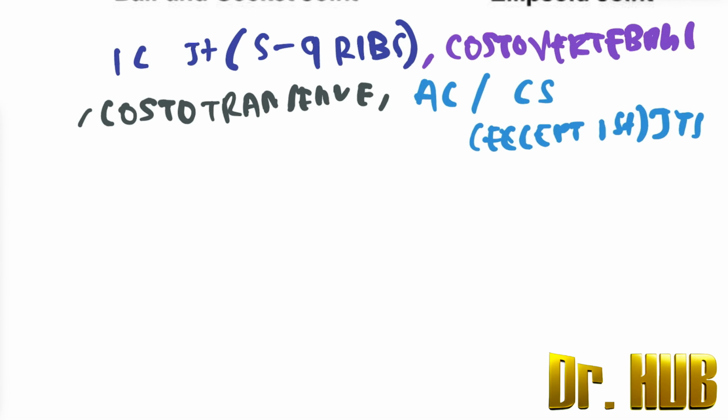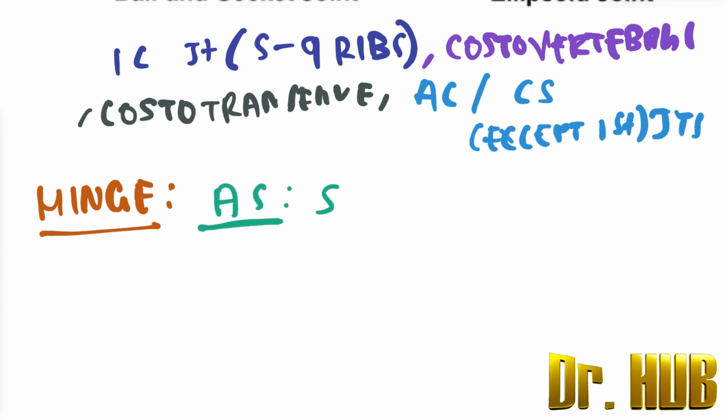Now secondly, let's move on to the hinge variety. Under hinge, what do we have? The articulating surface is pulley shaped.